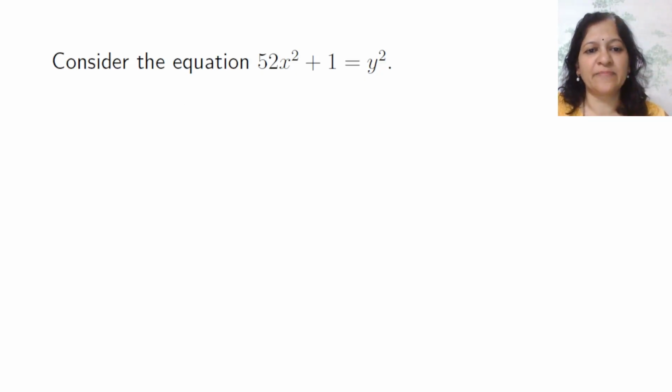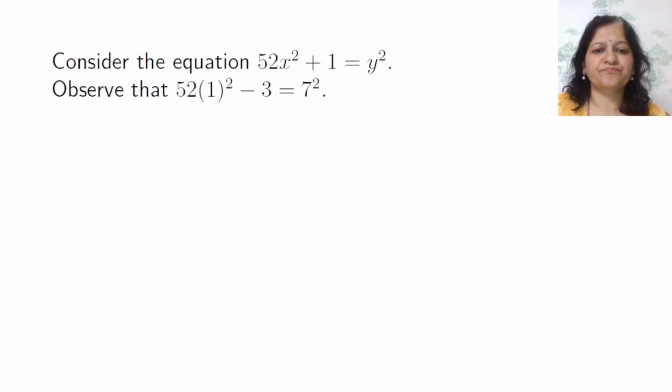Consider the concrete example 52x² + 1 = y². Now in this method there is no need of trial. You just check the nearest square. The nearest square is 49. So consider the auxiliary equation as 52 × 1² − 3 = 7².